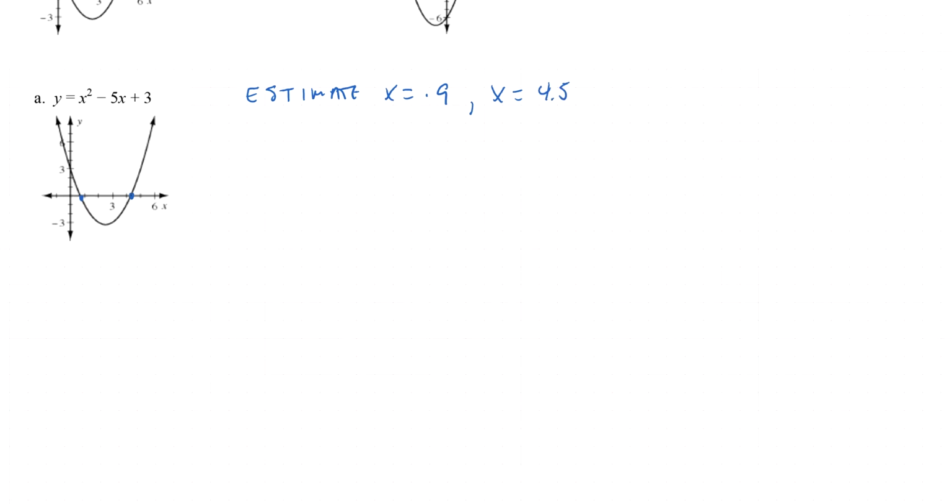So now we want to find it using the quadratic formula. So we know a equals 1, b equals -5, and c equals 3. So we know x equals -b plus or minus the square root of b squared minus 4ac, all divided by 2a.